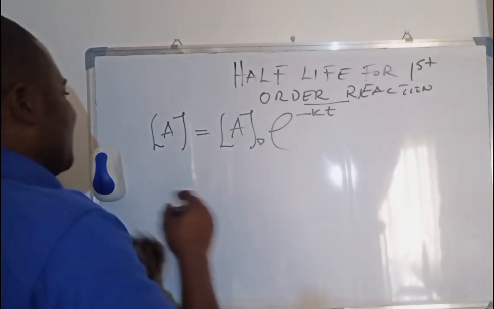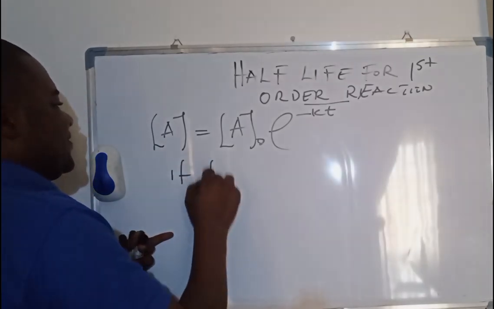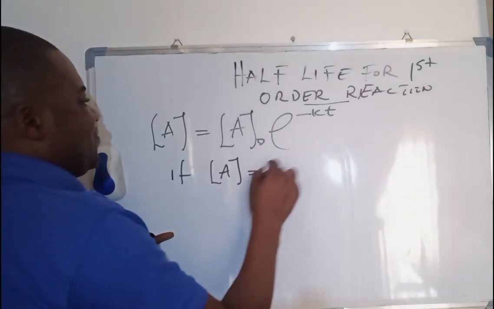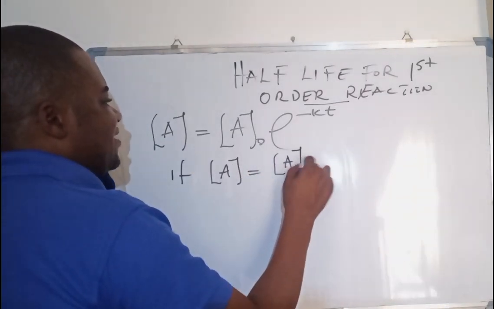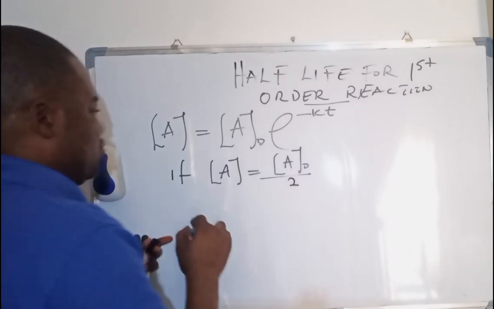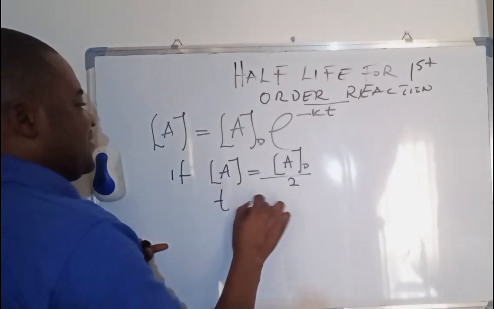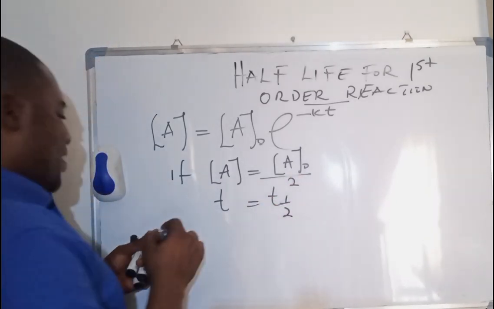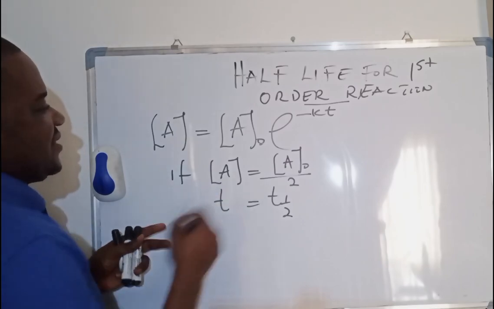Half-life equation. So if we take A to be the initial concentration of the reactant A0 divided by 2, and we take our time t to be the half-life, we can substitute.